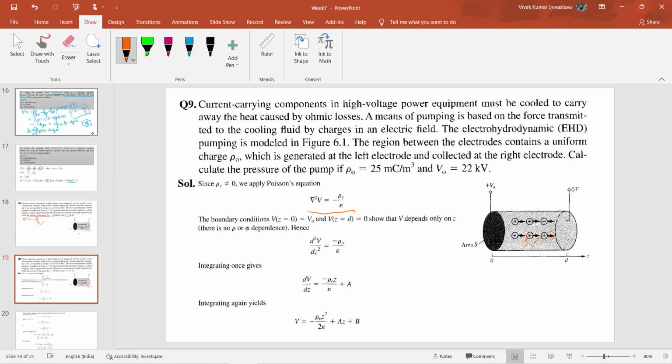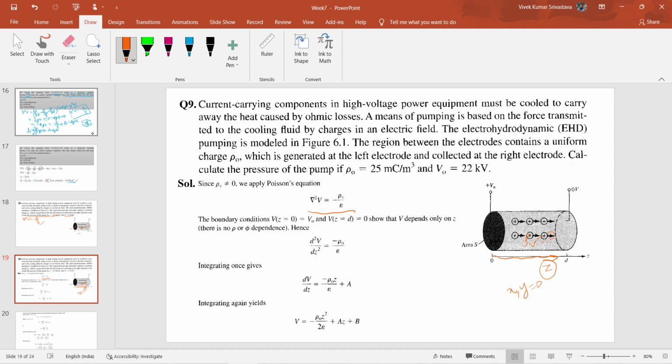Okay, so one thing that we have to see here, that charge is moving only along the z, means variation of charge is present only with respect to z. So with respect to x and y, this will be equal to 0 variation of charge.